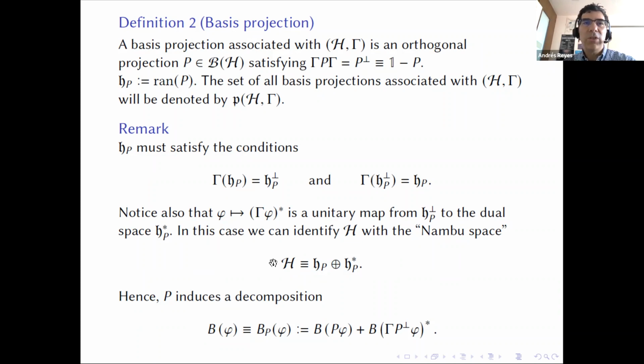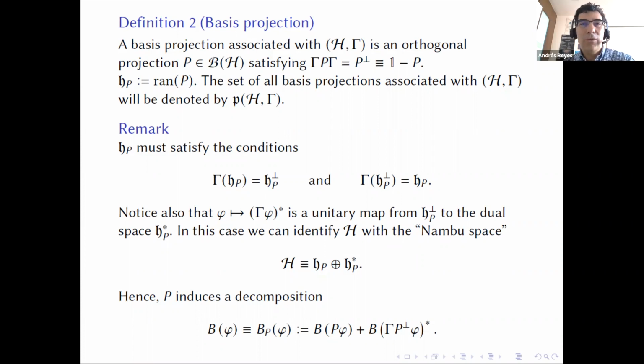Now, if we have such a basis projection, then we can decompose our generators into what could be called creation and annihilation operators. So what is the purpose of introducing these projections? If we start with a quadratic Hamiltonian, which is not already diagonal at the outset, the problem of finding the ground state can be solved by finding a suitable Bogoliubov transformation.